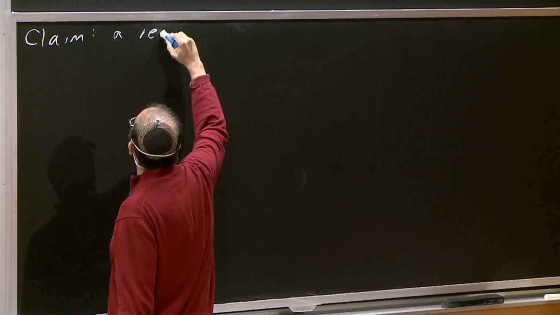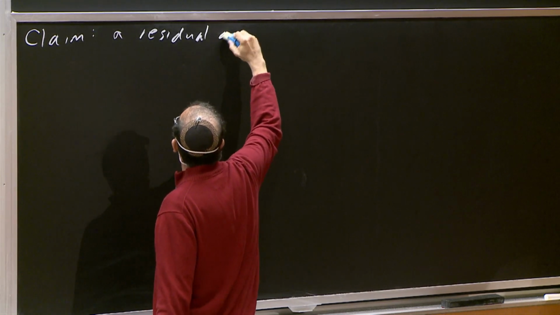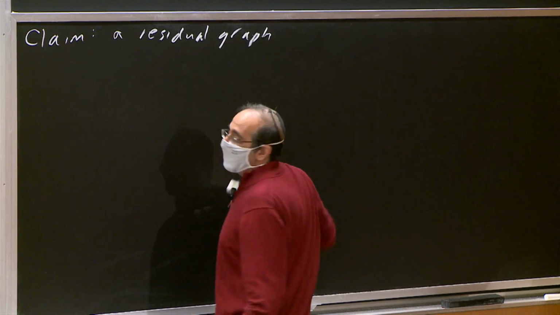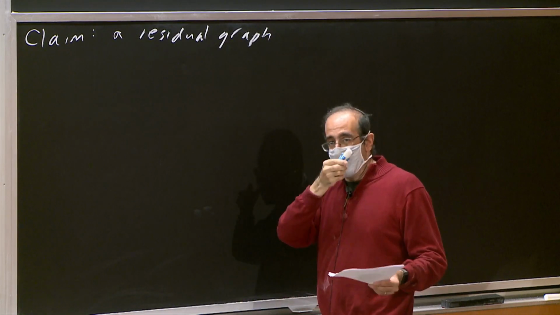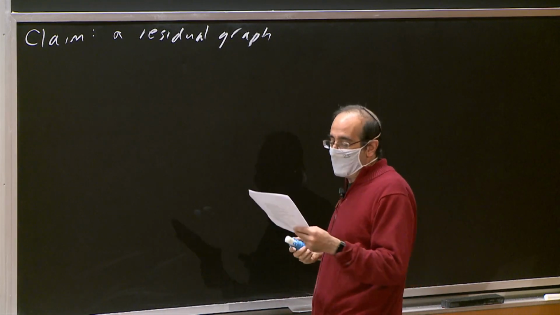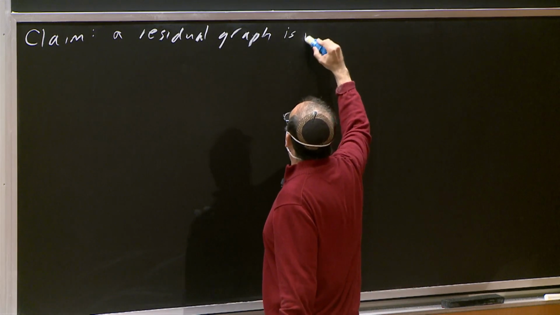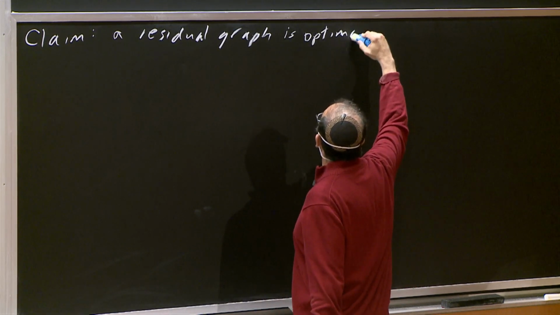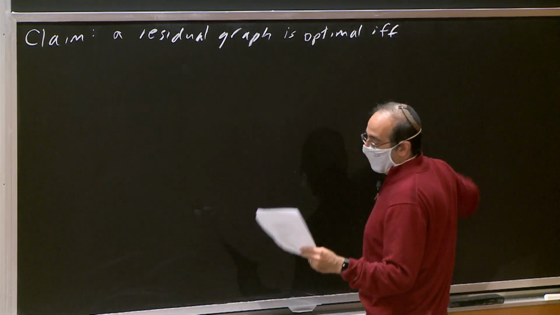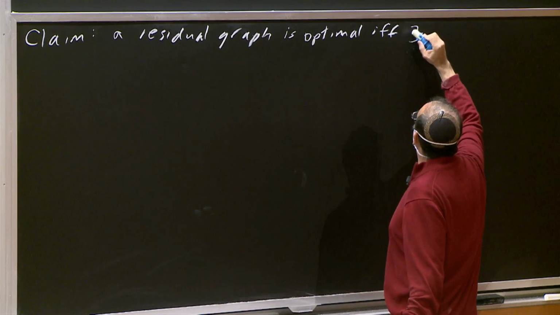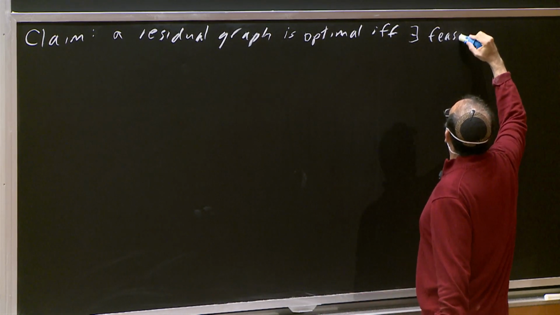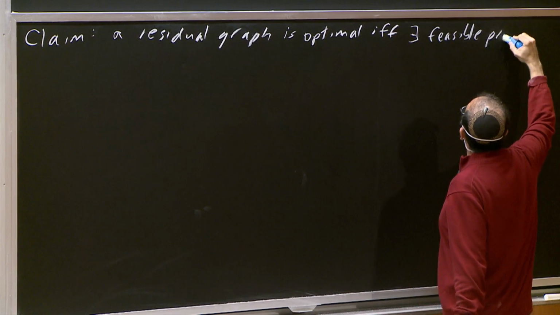A residual graph, that is, the circulation or the flow that creates a residual graph, is optimal if and only if there exists a feasible price function.